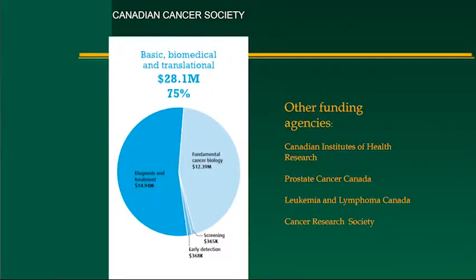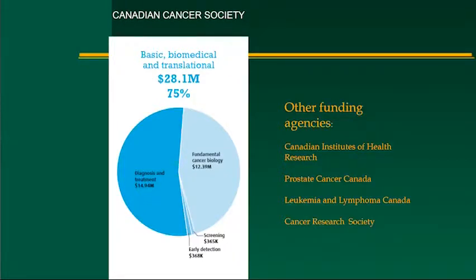So I took this particular slide to show you that in 2016, of a total of $28.1 million invested in basic environmental constitutional aspects of cancer projects, 14.9 million of this total funding was devoted to diagnosis and treatment.